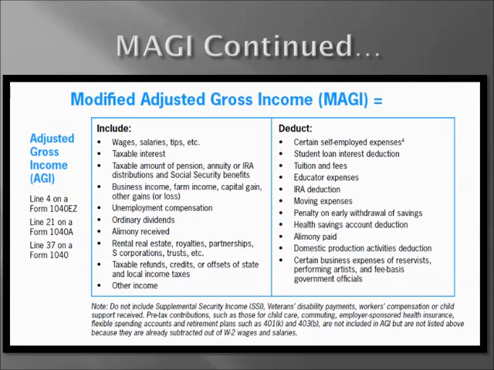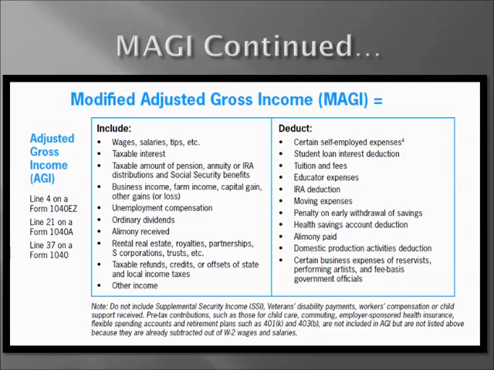On this next slide, we see that using the person's adjusted gross income amount shown on line 37 of their federal tax return, the following are included: wages, taxable interest, taxable pension, including Social Security benefits, business income, capital gains, other gains or loss, unemployment, dividends, alimony, rental real estate, royalties, tax refunds, and other income.